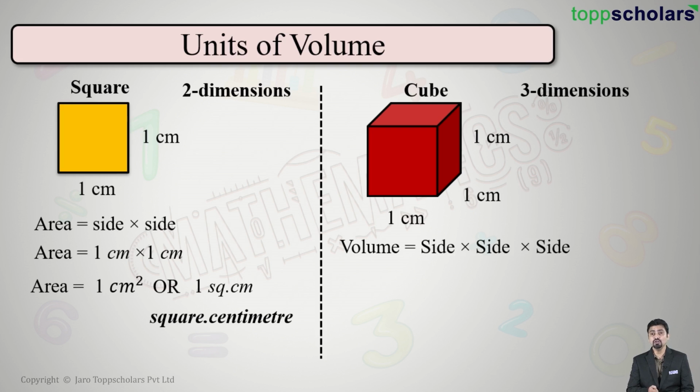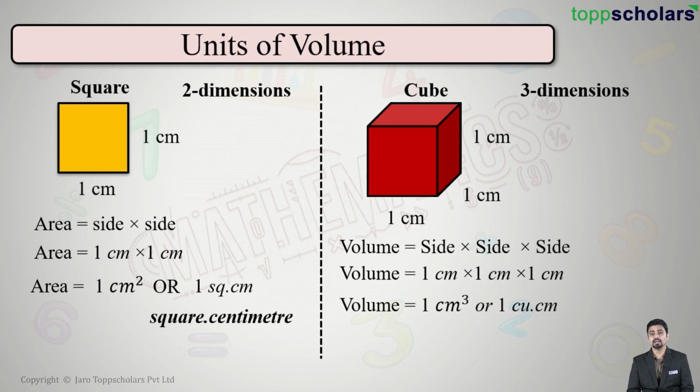And the volume of a cube is given by side into side into side. That is, we multiply side how many times? 3 times. Here we have the side as 1 centimeter. Therefore, the volume is 1 centimeter into 1 centimeter into 1 centimeter.